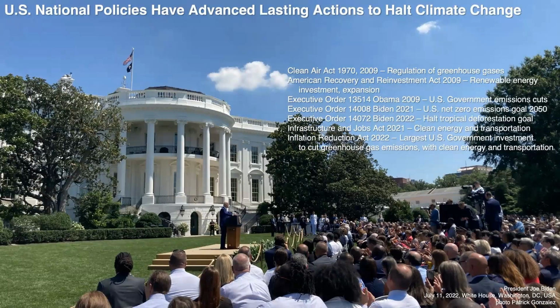President Obama started with the regulation of greenhouse gases through a scientific declaration of the endangerment of human health and welfare due to anthropogenic climate change. The US government is able to regulate greenhouse gases under the Clean Air Act. And then President Obama started with this massive investment with renewable energy that we see today.